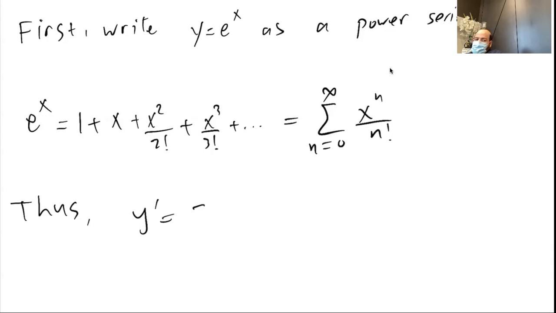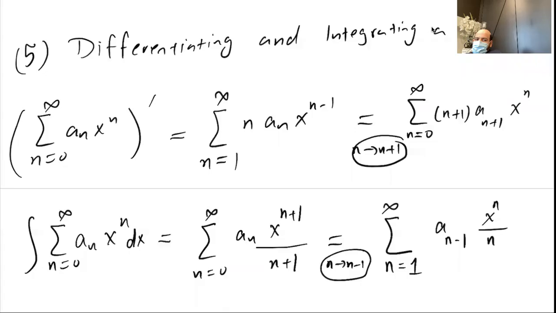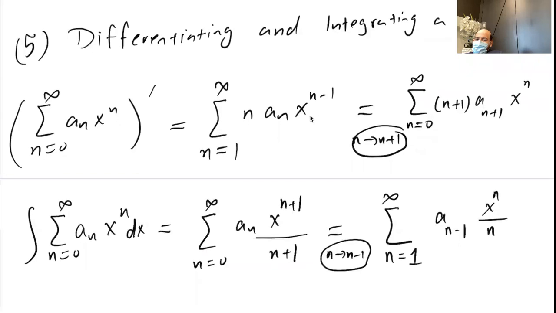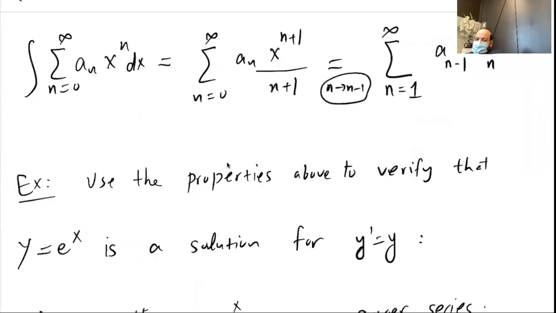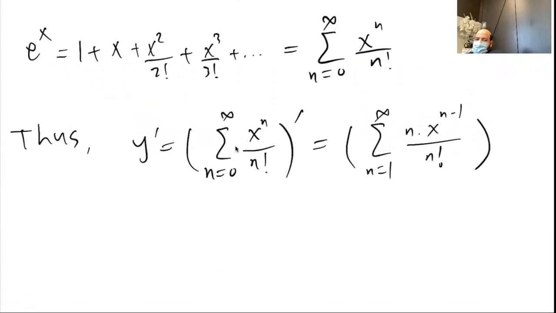I need to differentiate x to the power n, which is n x to the power n minus 1, and then start the index from 1 instead of 0. So that's what I did here. I differentiated x to the power n as n x to the power n minus 1, and then I started the index from 1. And then 1 over n factorial is a constant not depending on x, so I just transferred it.